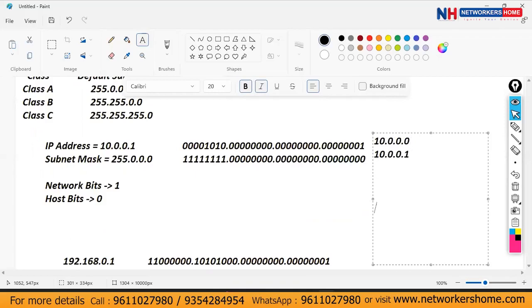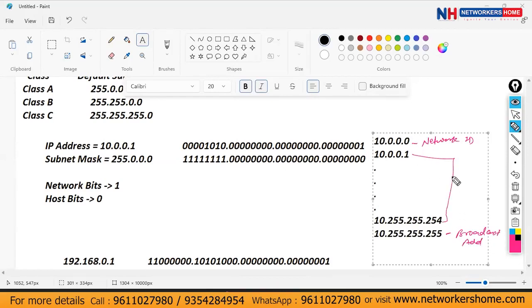At the end, the host part will become maximum: 10.255.255.254 will be the last valid IP, and 10.255.255.255 will be the last address. The first address is your network ID, the last is your broadcast address, and all the addresses in between are your valid IPs. Is it clear? Yes or no? Okay.